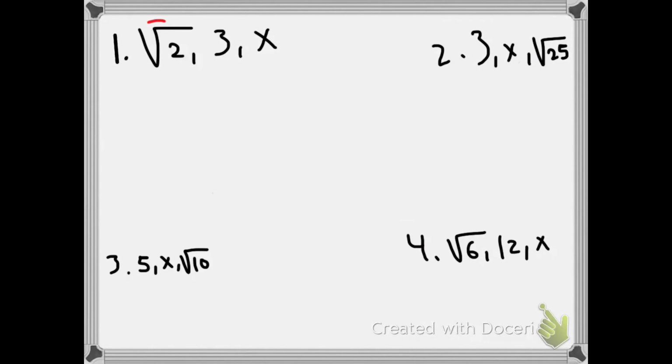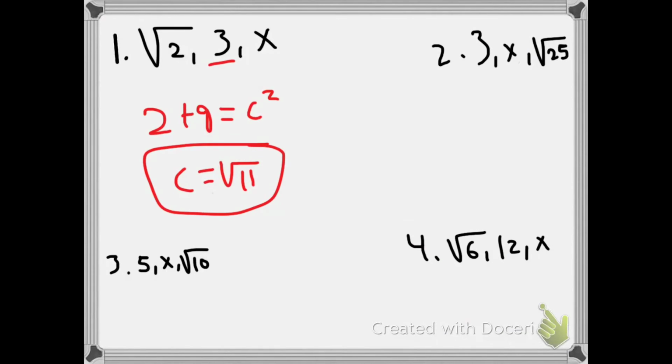When you square the square root of 2, it equals just 2. Then this squared is 9, equals c squared. So 9 plus 2 equals 11, so your final answer is c equals the square root of 11. For this problem, we know our c, but we don't know our b.